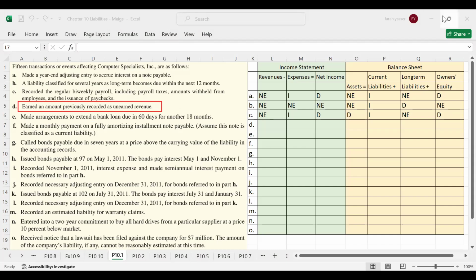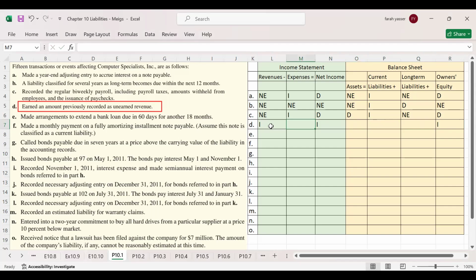So now in this transaction, unearned revenue is converted into revenue earned. So revenue will be increased. As revenue increases, this means that net income is also increased, and thus owner's equity is also increased.